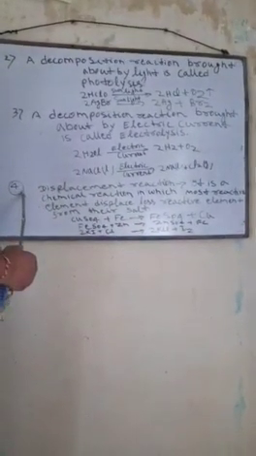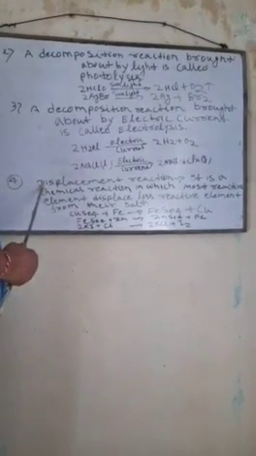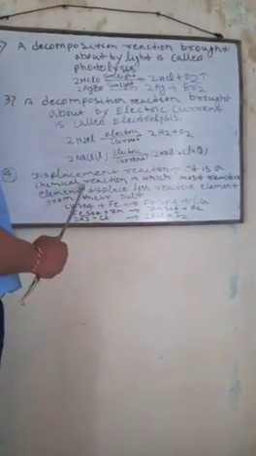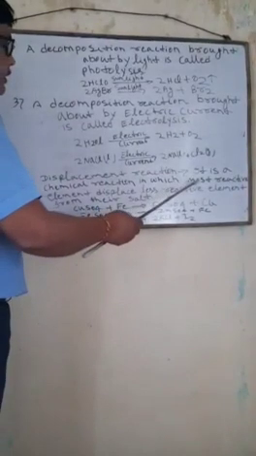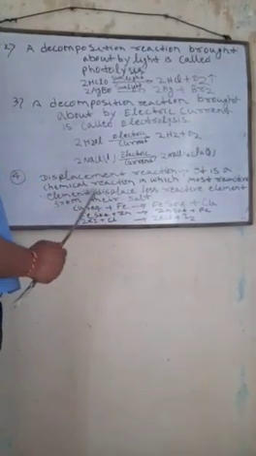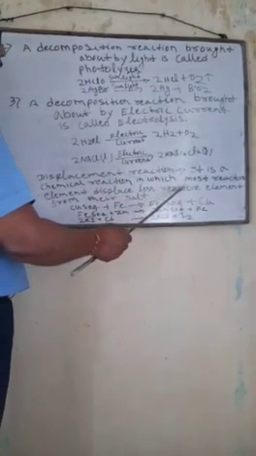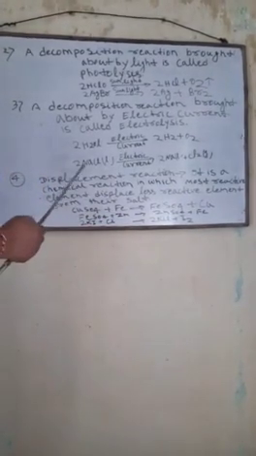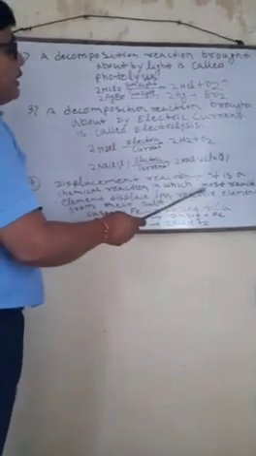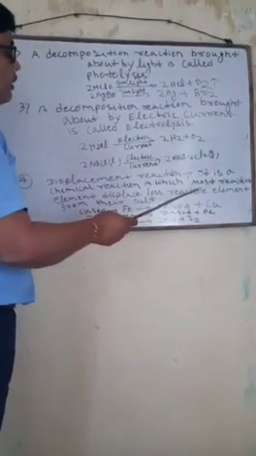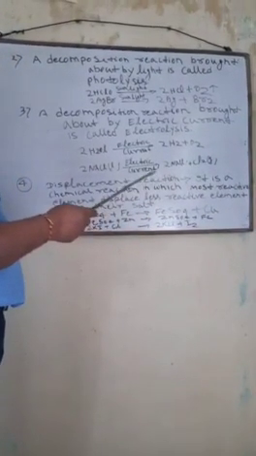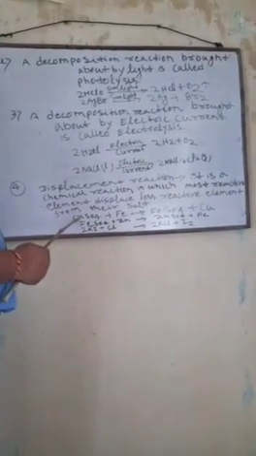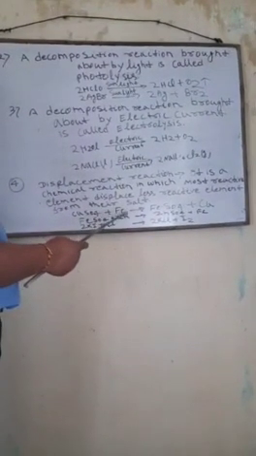Next type of reaction, displacement reaction. It is a chemical reaction in which the most reactive element displaces a less reactive element from its salt. जो सबसे ज़्यादा रिएक्टिव एलिमेंट है वह लेस रिएक्टिव एलिमेंट को उसके साल्ट से डिस्प्लेस कर देता है. जैसे copper sulfate reacts with iron.